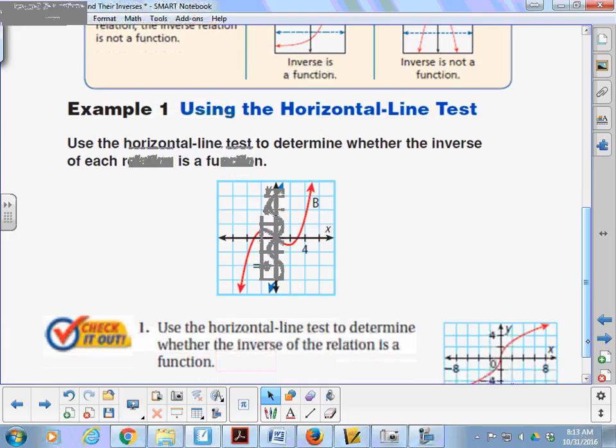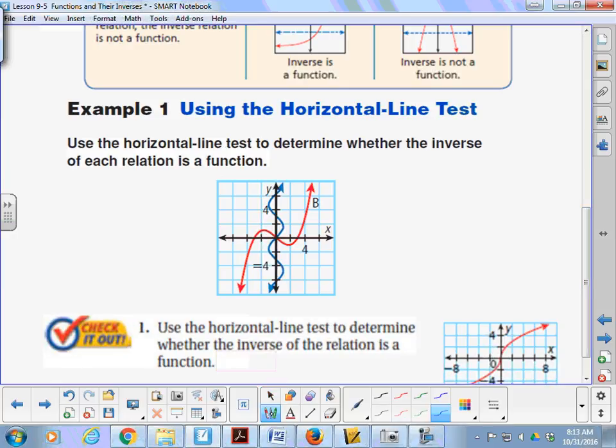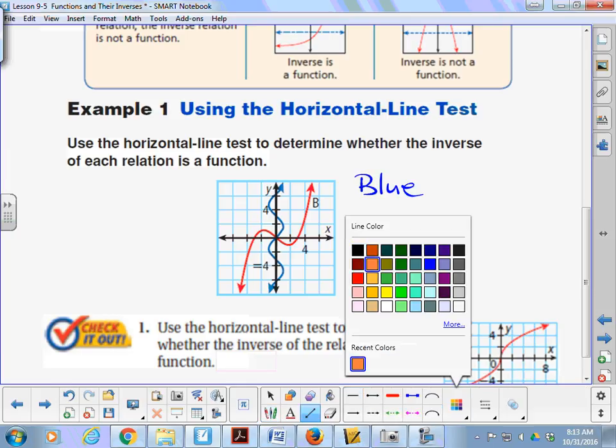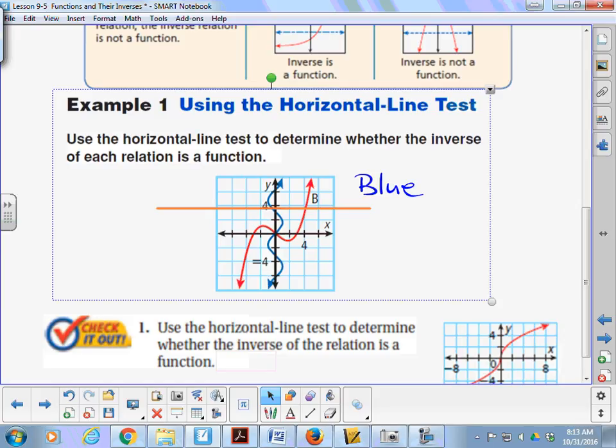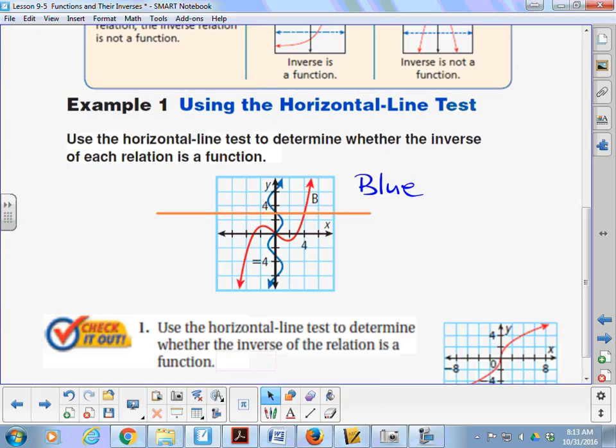All right, so we have these two graphs here, this blue one and the red one. Let's look at the blue one first. If I draw a horizontal line on here, and I slide that horizontal line up and down, it never intersects the blue line in more than one spot.